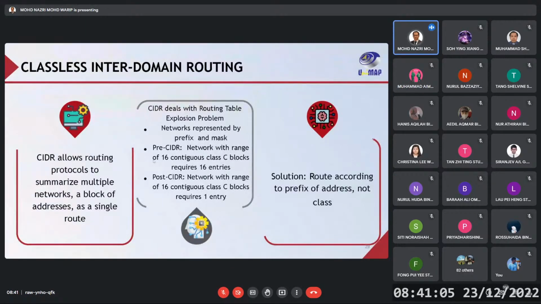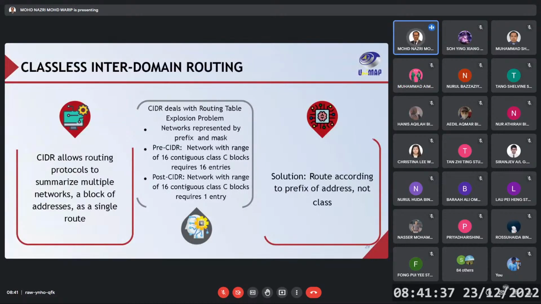Pre-CIDR, that means before CIDR, a network with a range of 16 contiguous class C blocks requires 16 entries. Post-CIDR, after CIDR, a network with a range of 16 contiguous class C blocks requires one entry. That means from 16 it becomes one.